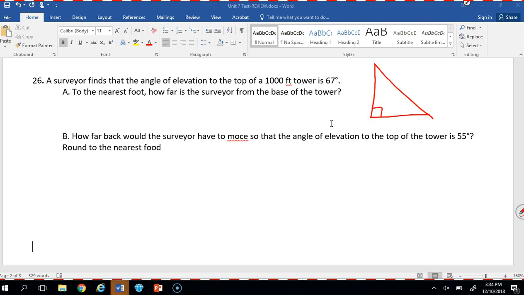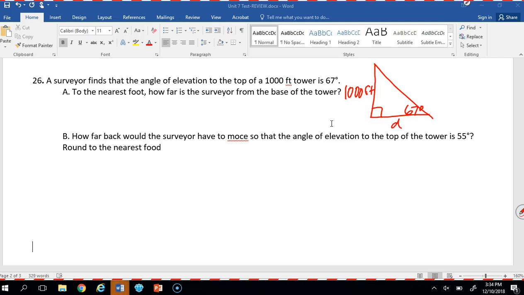It says that we got 1,000 feet here. And then we've got that the elevation to the top of the tower is 67 degrees. So it's asking us how far away is the person.